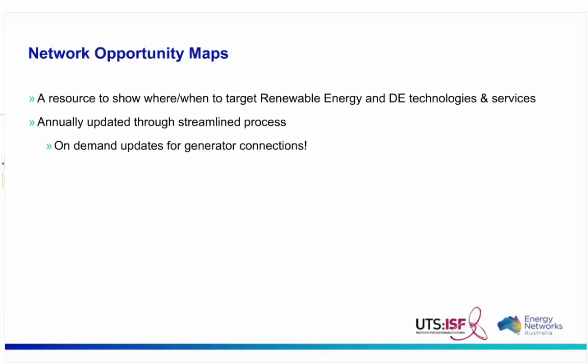And so that is the basis upon which these maps were made, that there is annual planning information that's updated each year. But with our new maps on generator connections, we also needed to produce maps much faster than that, and those maps are going to be updated on demand as they're required by the network business when circumstances change.